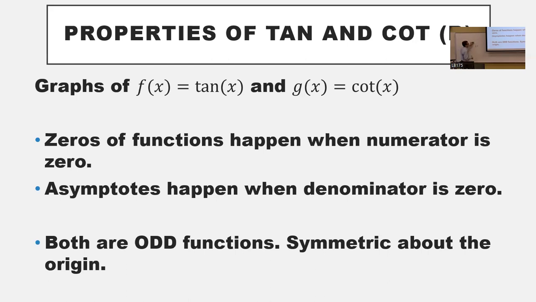So zeros when the numerator is 0, asymptotes when the denominator is 0. Also, because sine is odd and cosine is even, if you think about plugging in a negative into tangent, that is going to be sine of negative x divided by cosine of positive x.